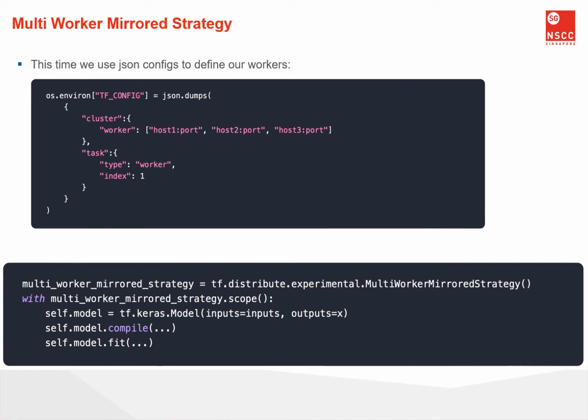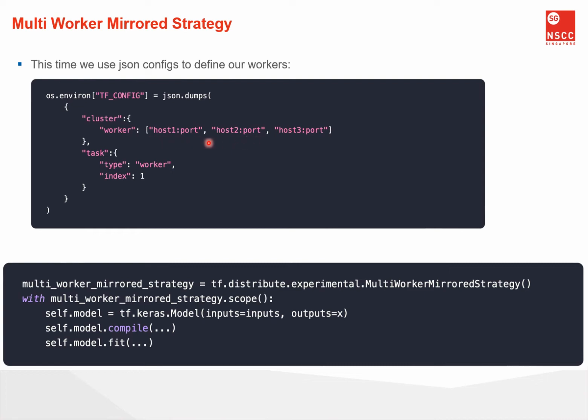The way that we define this is to use the TF_CONFIG environment variable. You notice that we are putting in a JSON definition where we specify the cluster of machines and the host and port numbers of each of the machines. We specify the cluster, the workers, and the hosts and ports for each of them.